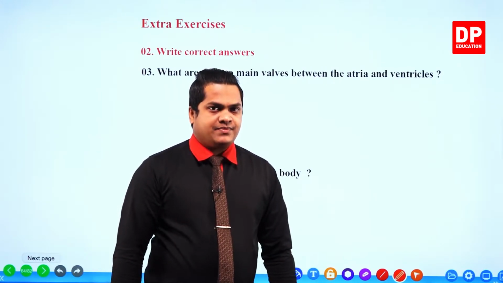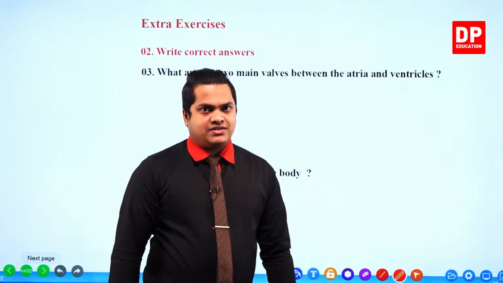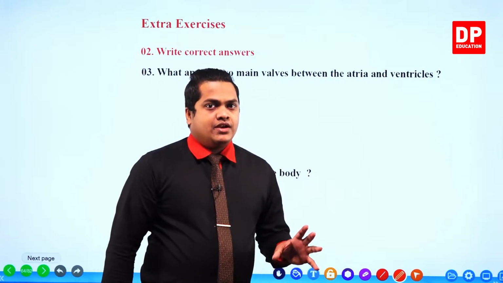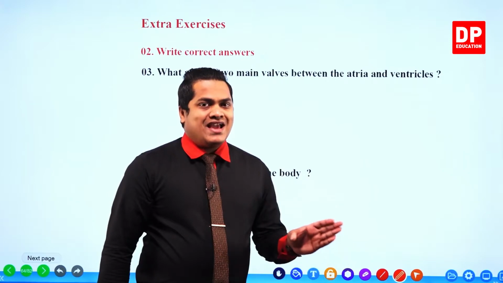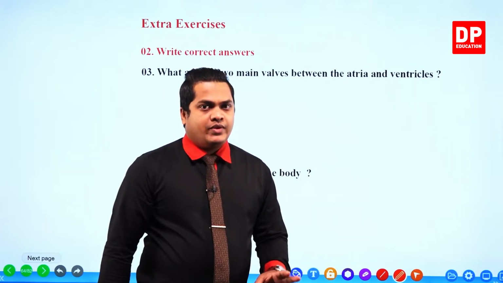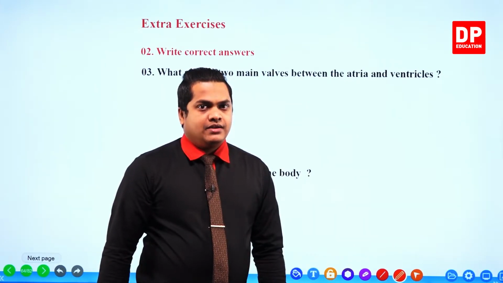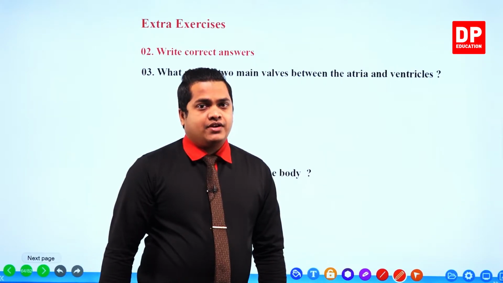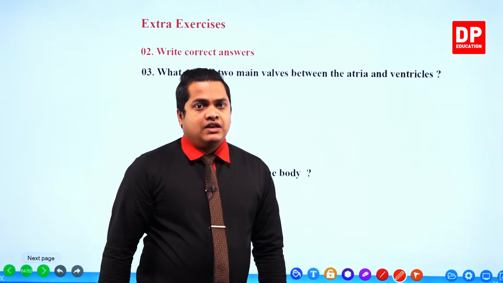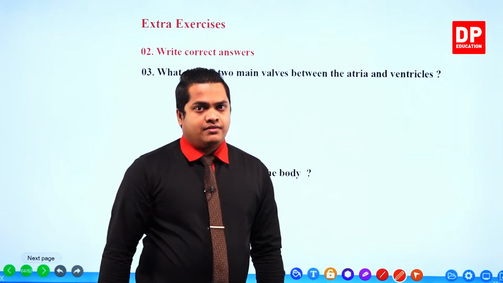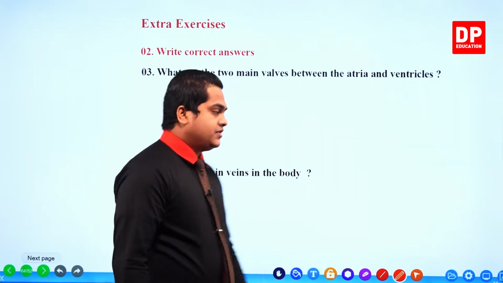Between left auricle and left ventricle, we can observe the bicuspid valve. Left bicuspid, right tricuspid.